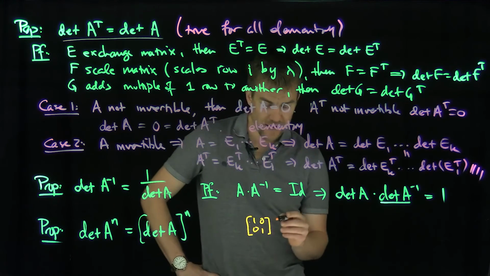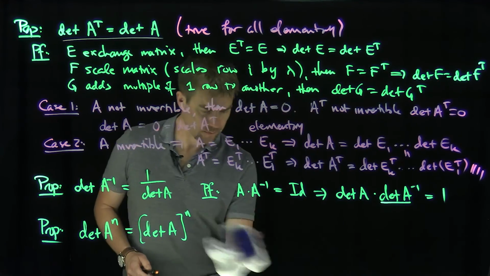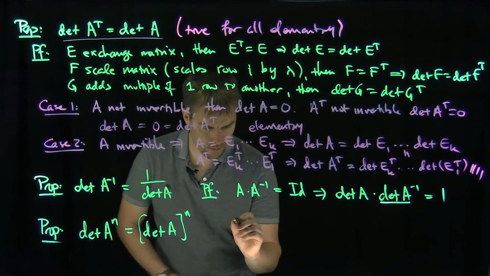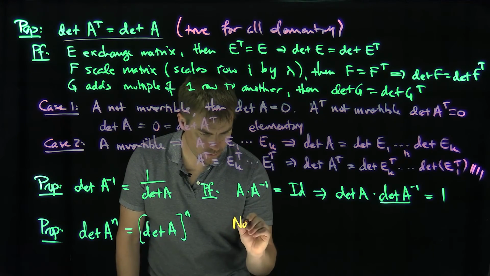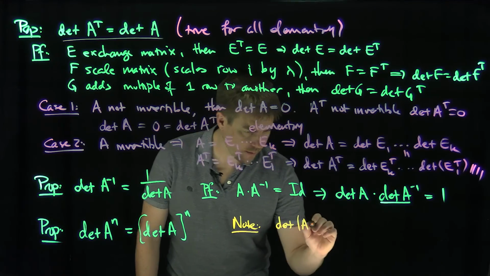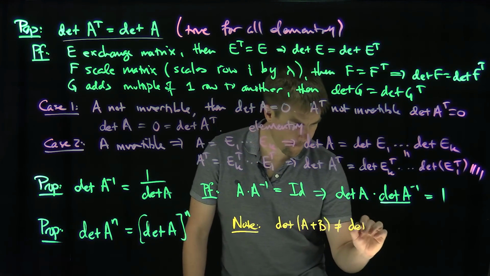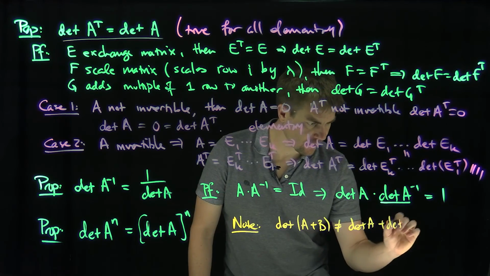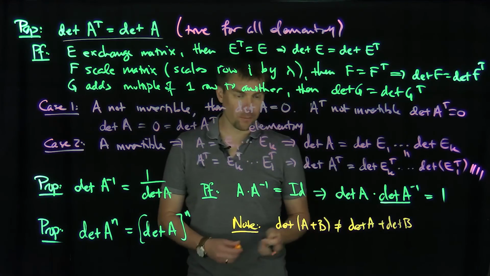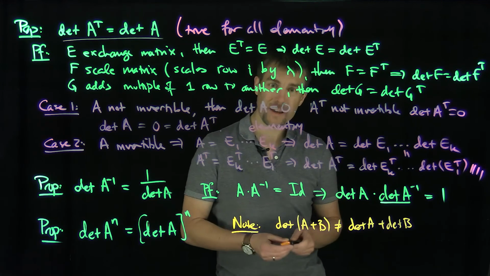So in general, note, determinant of A plus B is not equal, in general, to determinant of A plus determinant of B. So there's no sum rules for determinants, but in special cases you can get results that are similar to this, which you'll see in further videos. Thank you very much.